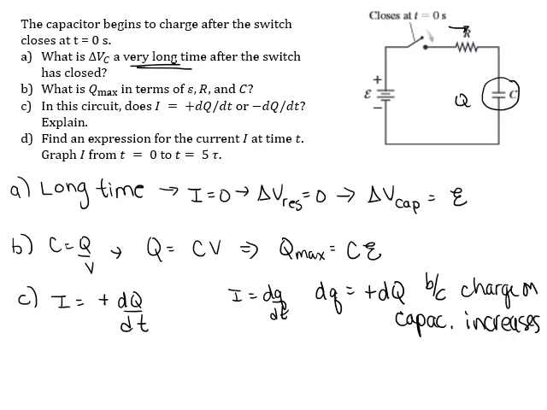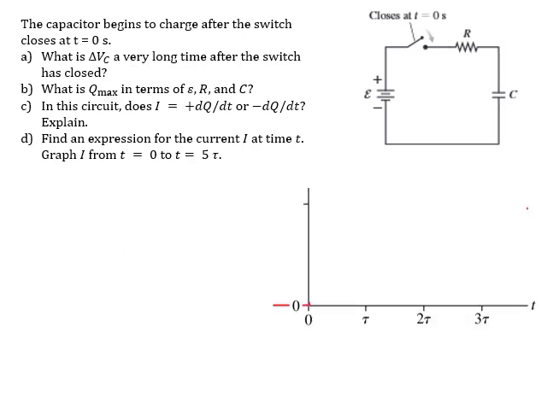Part D, find an expression for the current as a function of time and graph the current as a function of time. Let's move on to the next slide to do that part. So we know our expression for our charge. Q is our maximum charge times 1 minus e to the minus t over tau.